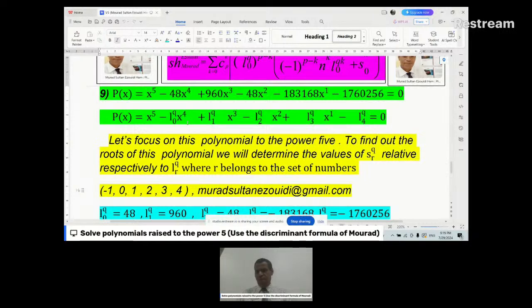So learners, today, as I told you, you learn something new, in fact, from me, of course, not from anybody else, only from Mr. Mourad Sultan Ezouidi, the one who discovered this formula. We are going to solve this polynomial to the power 5.